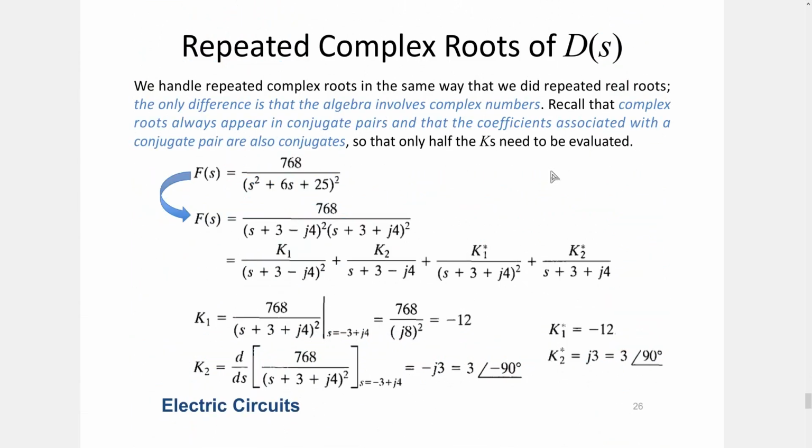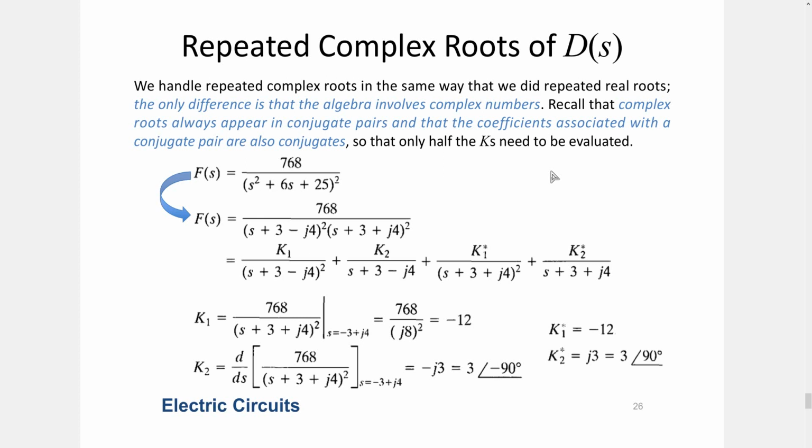If we have repeated complex roots, the problem will be handled in a very similar manner. It will be again the same approach.